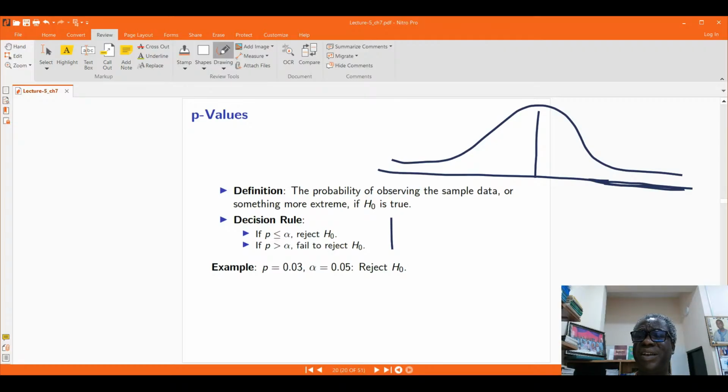If you are interested in a particular value, the p-value measures the probability of observing this value, let's say Z, that observed value.